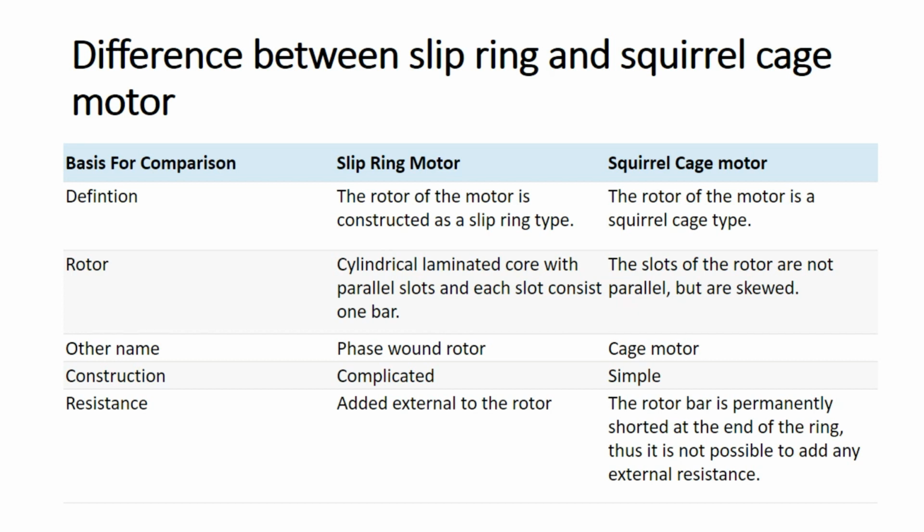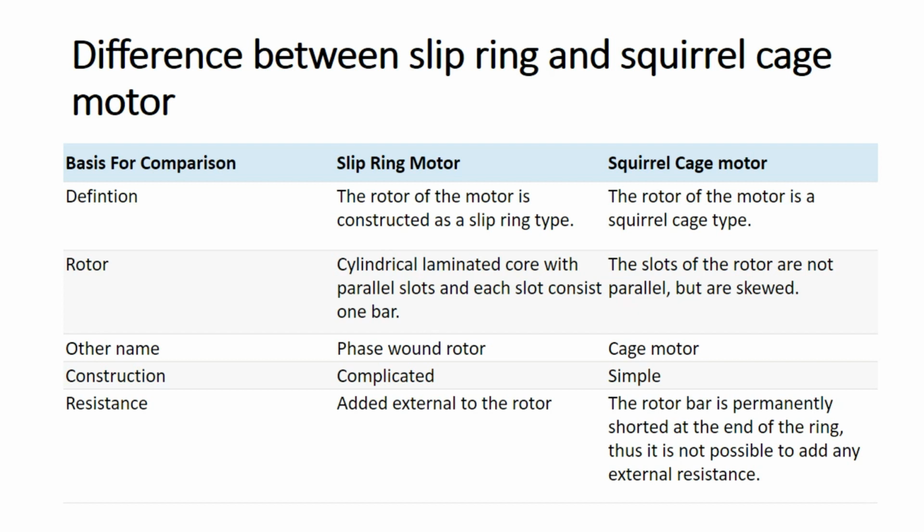Slip ring motor has a cylindrical laminated core with parallel slots, and each slot consists of one bar, while in the squirrel cage motor the slots of the rotor are not parallel but are skewed. The slip ring motor is also called phase wound rotor, and the squirrel cage rotor is also called a cage motor.